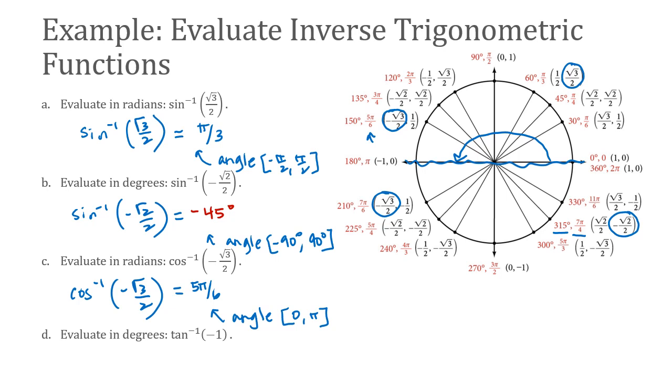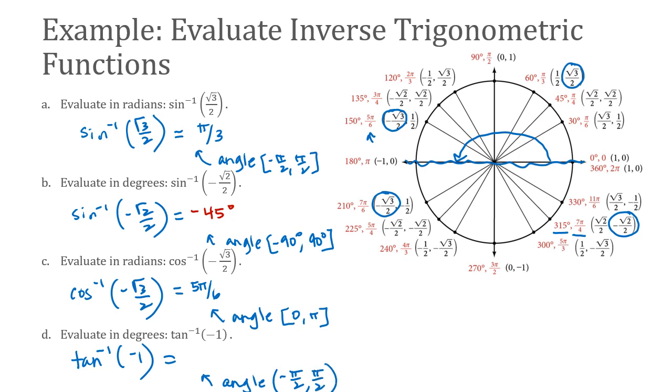And then the last one is for tangent. Tangent inverse of negative 1 is going to equal, and we're looking for the angle measure that is in the space between negative pi over 2 and positive pi over 2.